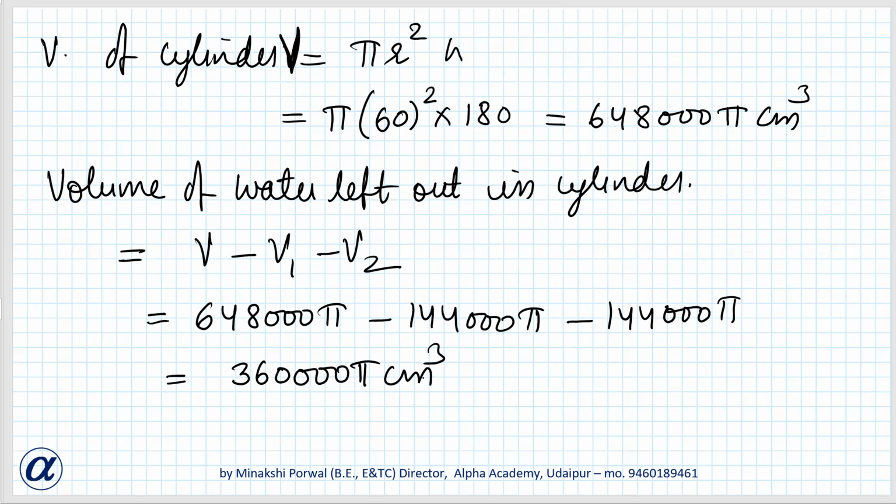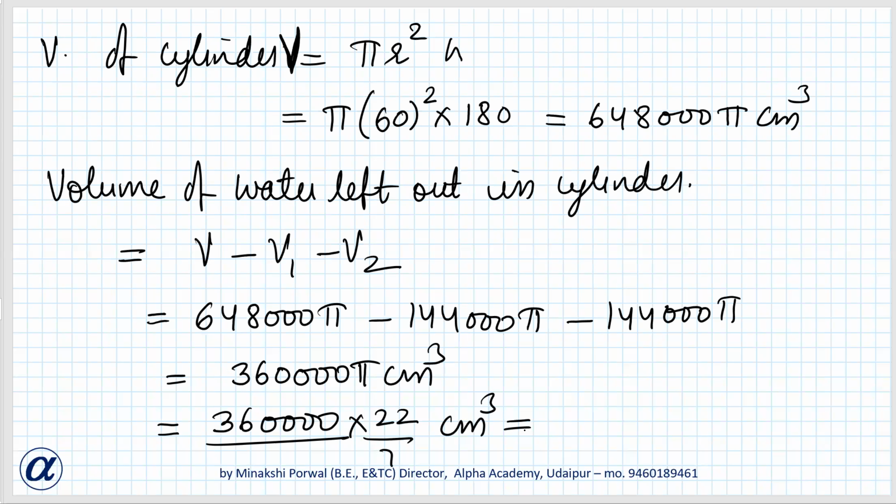Okay, now if we substitute pi, this is also correct. If we have to convert it into meter cube, or if we have to substitute the value of pi, then we can substitute 360,000 into 22/7 centimeter cube.